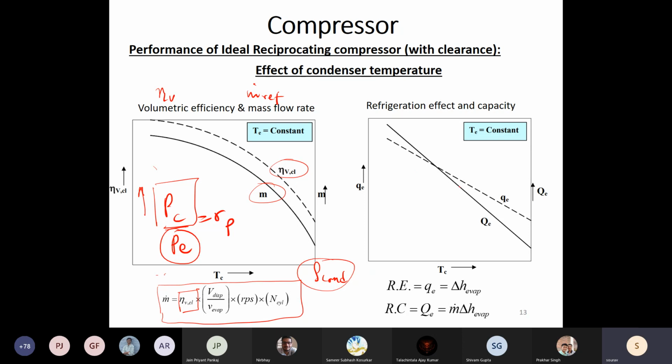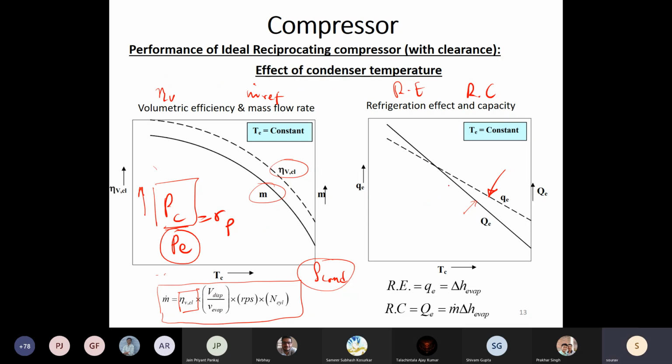Now, if you go to the refrigeration effect and refrigeration capacity, as you increase the condensing temperature, we saw that the refrigeration effect decreased, and your mass flow rate is also decreasing. Don't take this as a perfectly straight line. So you will have the product, and both are decreasing.